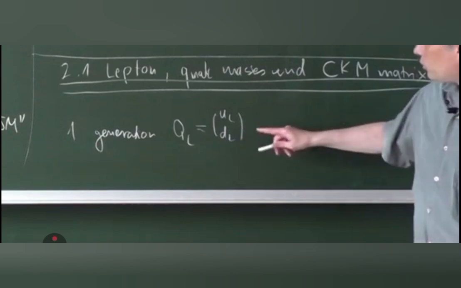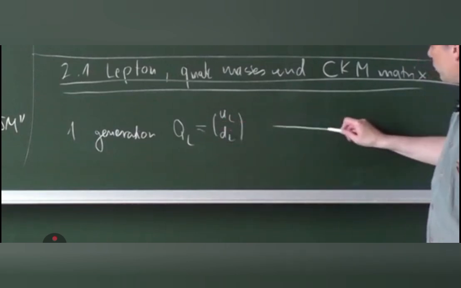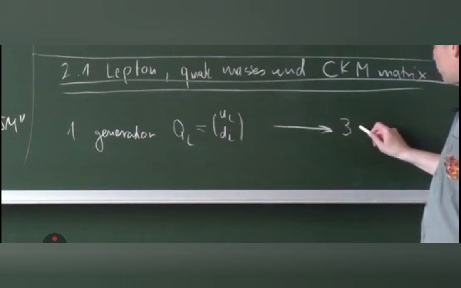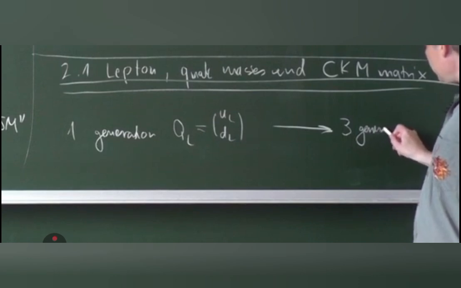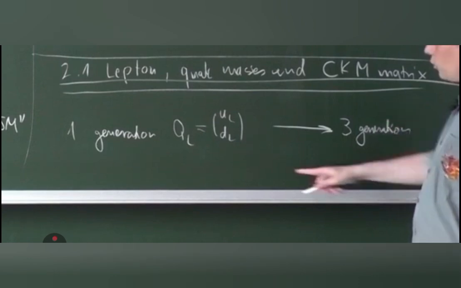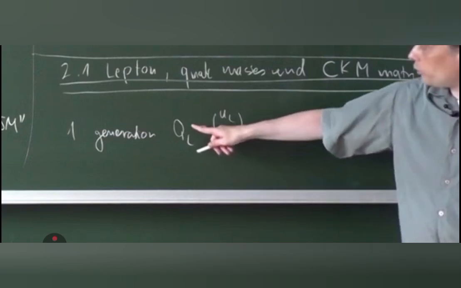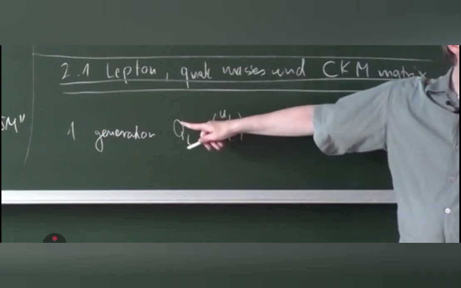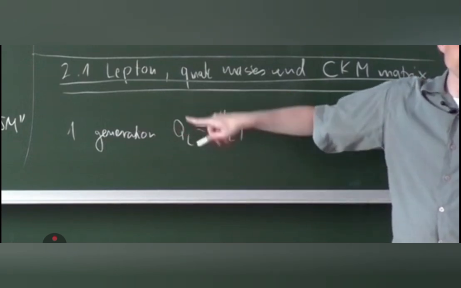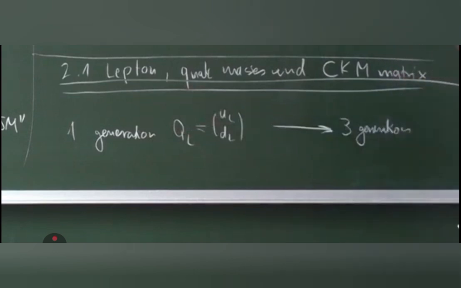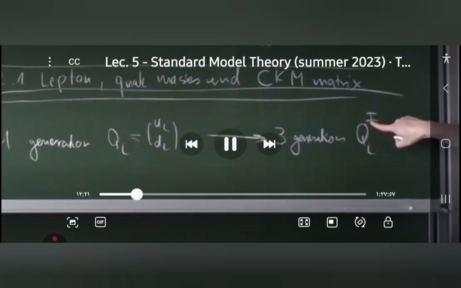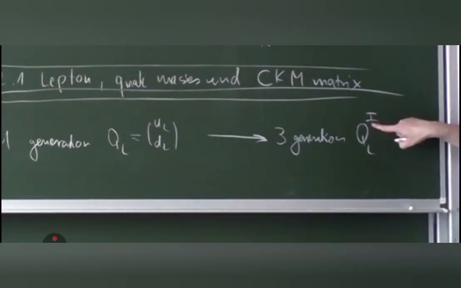And so if we now go to 3 generations, then all of those matter fields get a multiplicity of 3, which means we need another index for them, which denotes the generation number. So we will first of all introduce a notation, QL, and I will use capital letters for the family number.